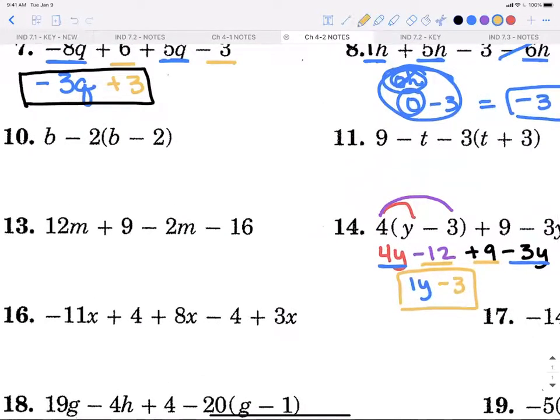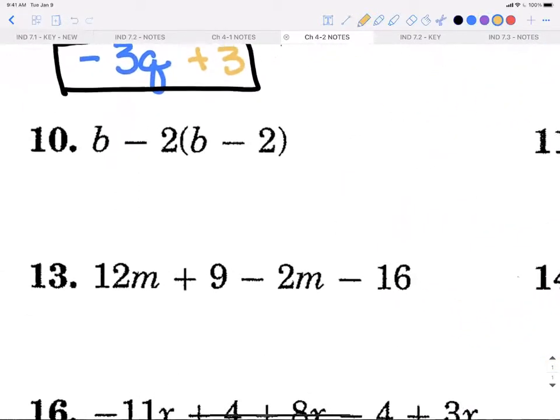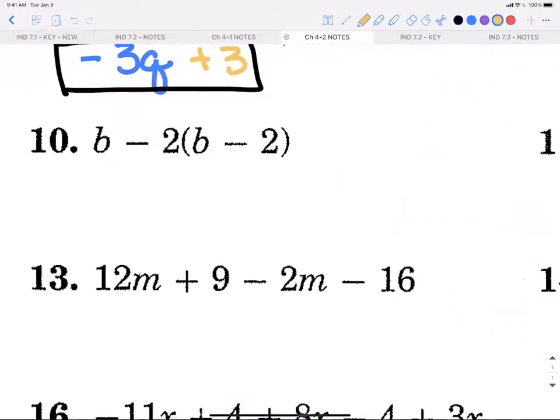All right, here's a good one to do because it looks kind of weird here. What am I distributing into my parentheses? Nope. What's touching the parentheses? -2. So this whole thing right here is what I'm distributing. So that B hanging out at the front, I haven't done anything with it yet. I'm just going to drop it down.